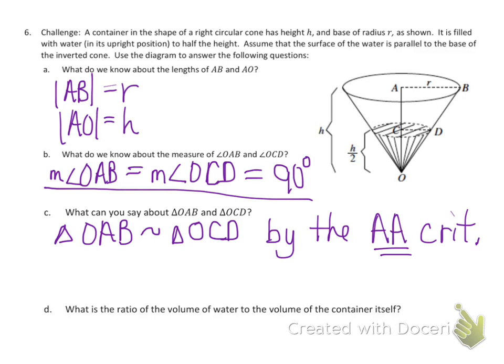So remember, if two triangles have two angles that are congruent, then we actually know that the third angle has to also be congruent, and we know that they're similar, because any triangle that has all three angles the same are similar. So the angle criteria tells us that they're similar. So what does that matter?